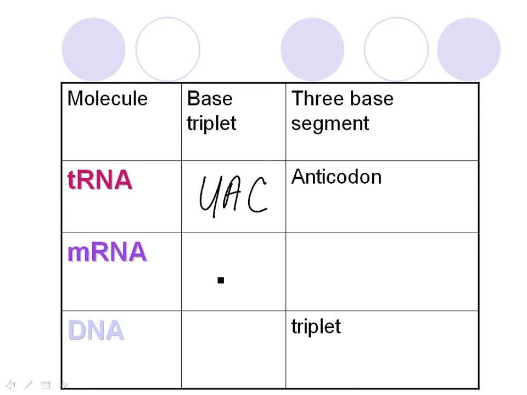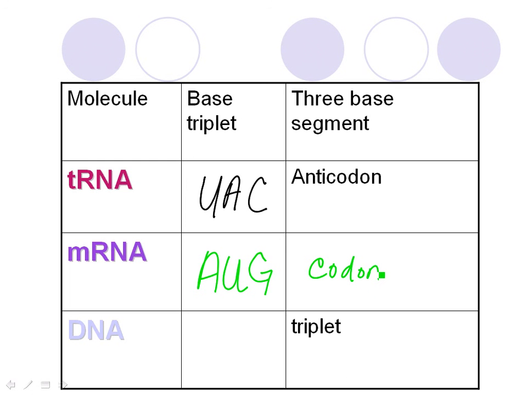So the complementary base paired to that would be A, U, G. Okay, remember that was our start codon. If you looked at that chart on page 103.